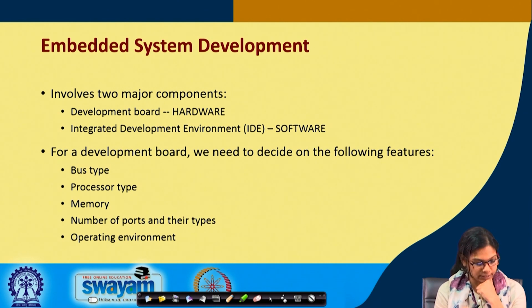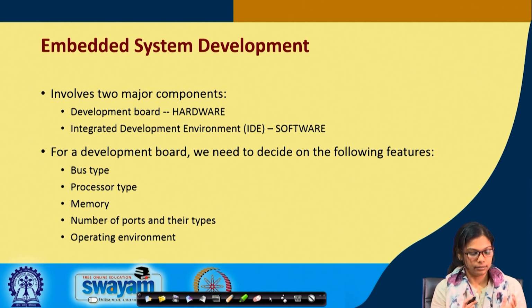What kind of processor we are using? The memory. Memory is one of the vital important parameter that is required for any design, because if you want to really dump a very large program and you have a limited memory, you need to think upon it, how will you do it. So, memory is an important criteria that is to be decided when you develop an embedded system. Number of ports and their types.